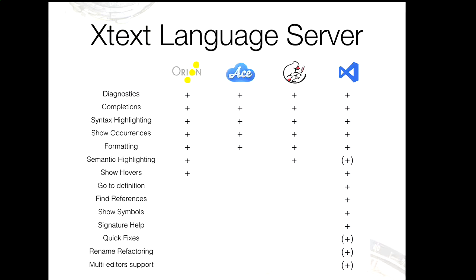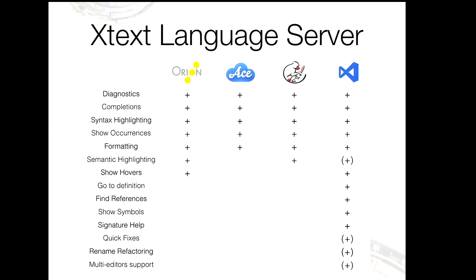So as I already said, of course, it would be possible to add a lot of these features also using the other API. And especially for Orion, we heard yesterday from the talk from IBM that there are efforts to support the protocol there too.